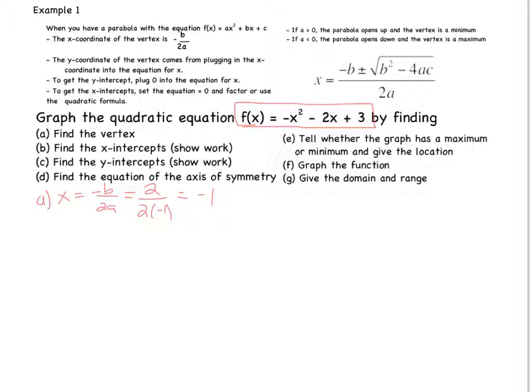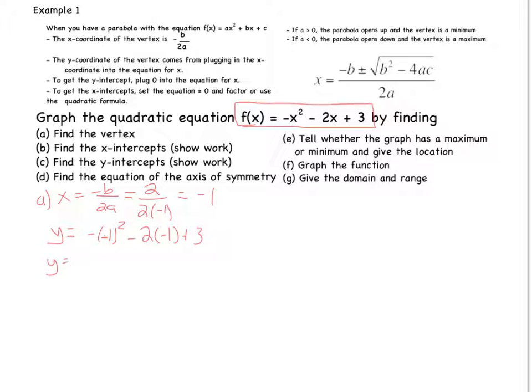Then once we have the x-coordinate, to get the y-coordinate of the vertex, we just plug it in. You've got to be real careful because we're plugging in a negative number, especially in front. This first negative one is in parentheses, but then no matter what we get, we add a negative after. So get your calculator out and do some crunching.